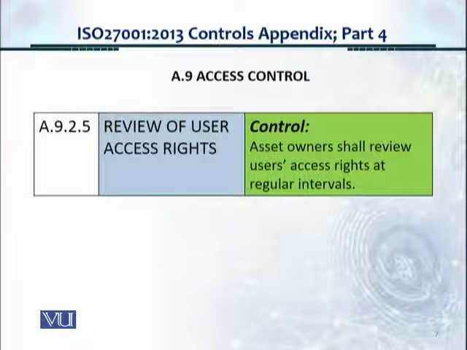Now, we have 9.2.5, review of user access rights. Extremely important control, often missed in the industry. And the industry requires a lot of discipline to do this. So asset owners shall review user access rights at regular intervals.